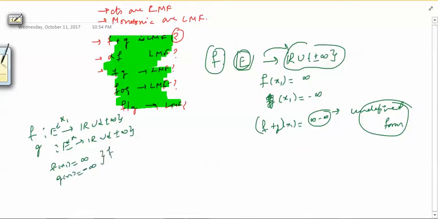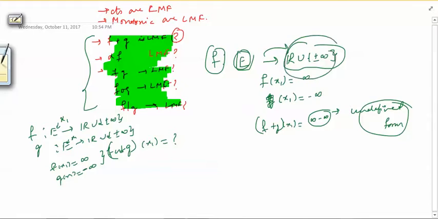In that case, it is not possible for you to define f plus g at x1. So what to do? Similar problems can occur in all these cases. So we have to deal with this problem, that our function is from a certain domain to the extended real line, which we are doing right now.